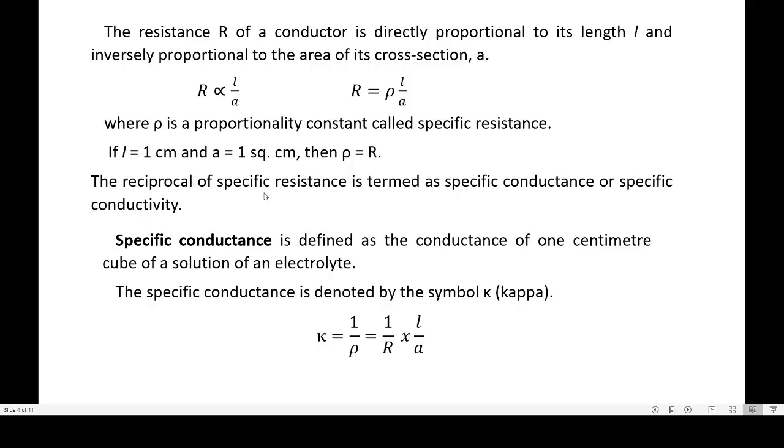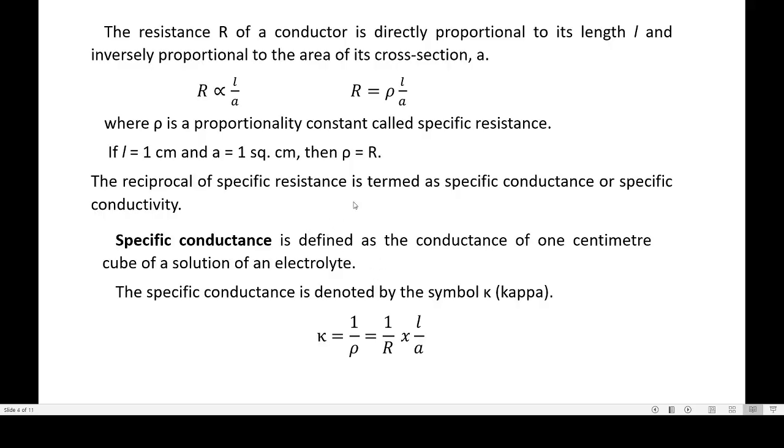And the reciprocal of specific resistance is termed as specific conductance or specific conductivity. Since the length is 1 centimeter and area is 1 square centimeter, it will be equal to a volume of 1 centimeter cube. So specific conductance is defined as the conductance of 1 centimeter cube of a solution of an electrolyte.